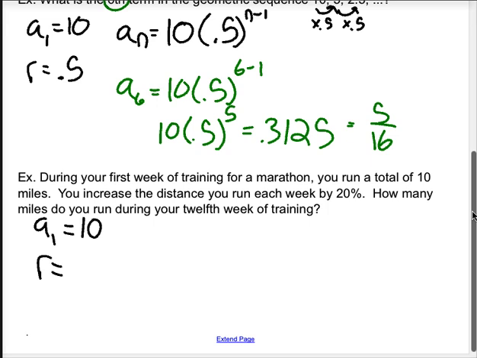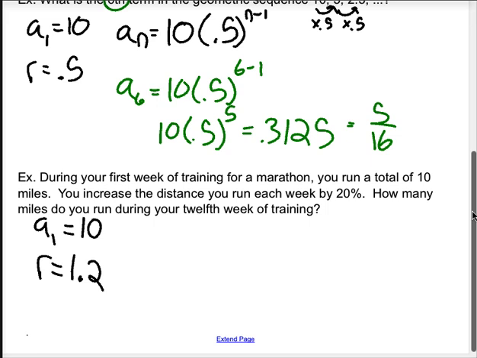So 20% on top of what we've already done. So that means we're going to be multiplying by 1.2. That 20% as a decimal is represented by 0.2, and we're doing that on top of what we've already done. So that's how I'm getting that 1.2 there. Okay?